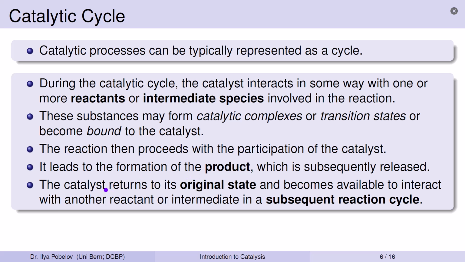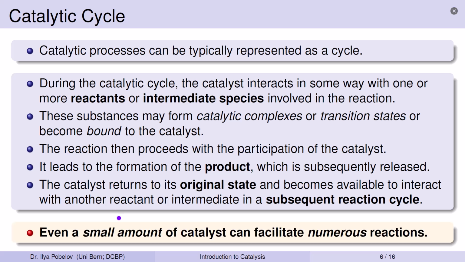The catalyst is not consumed but returns to its original state and becomes available to interact with another reactant or intermediate in a subsequent reaction cycle. This cyclic nature of catalysis ensures that even a small amount of catalyst can facilitate numerous reactions.